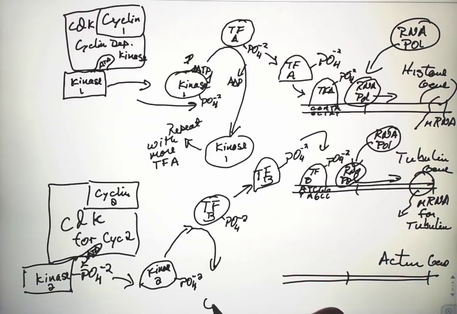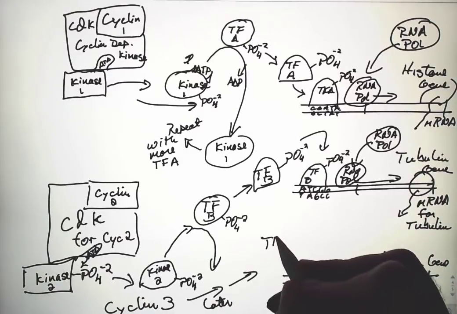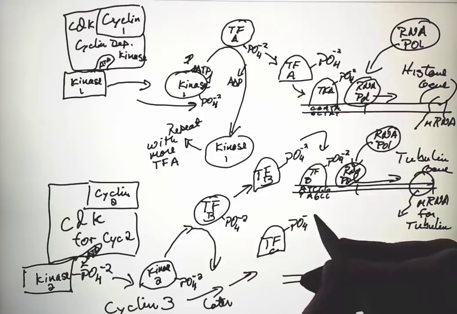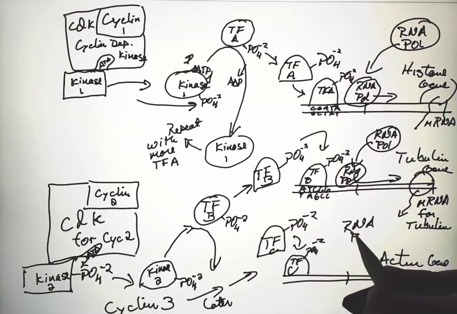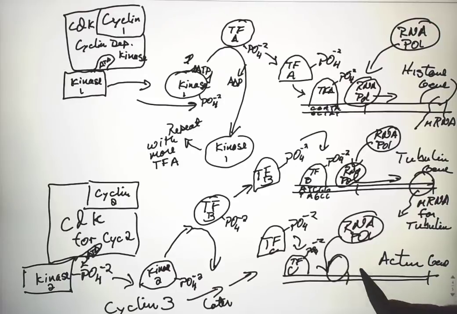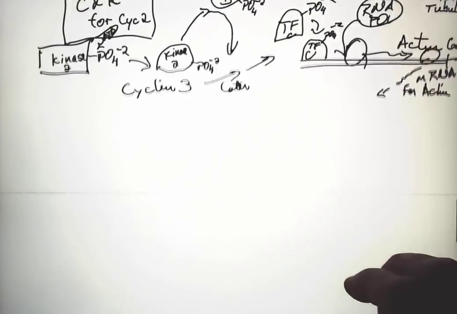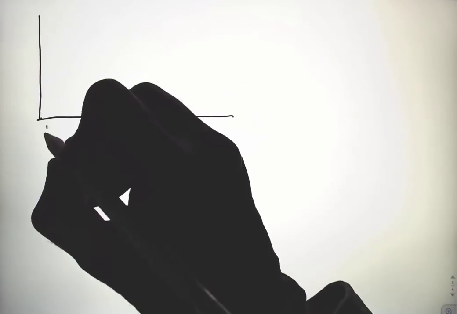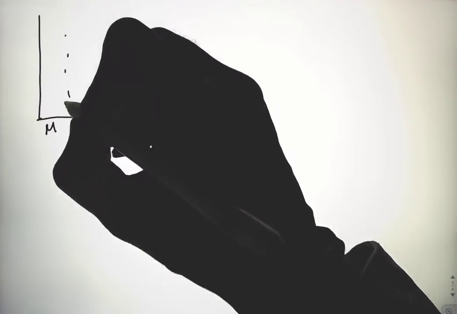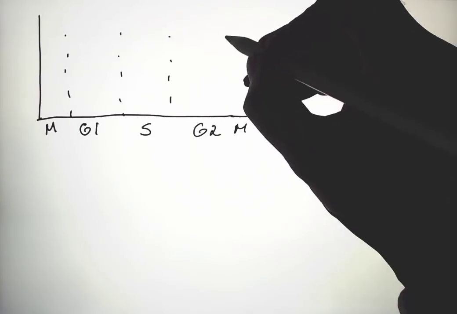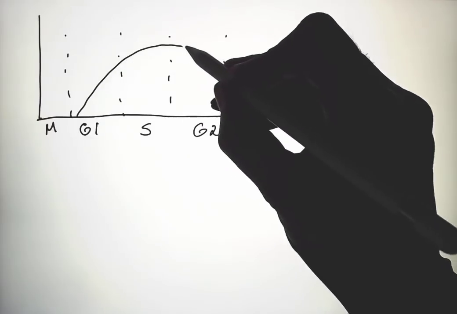For actin, we repeat. Later, another cyclin that I'll call cyclin 3 activates yet another transcription factor through another kinase. Transcription factor C recruits RNA polymerase, moves along the gene, and we get messenger RNA for actin. So going back to our different phases, we have mitosis, G1, S, G2.